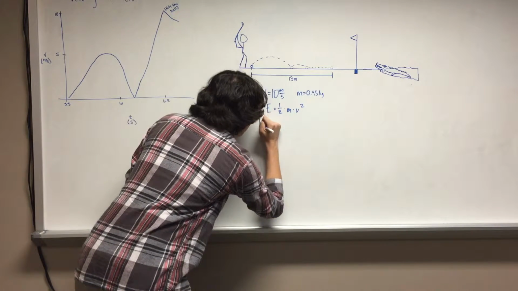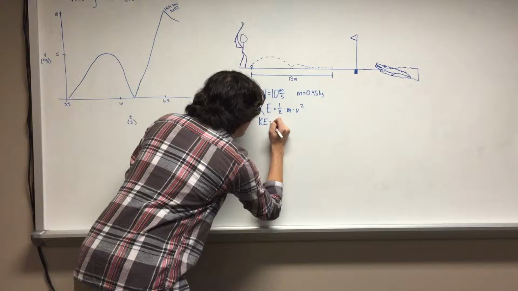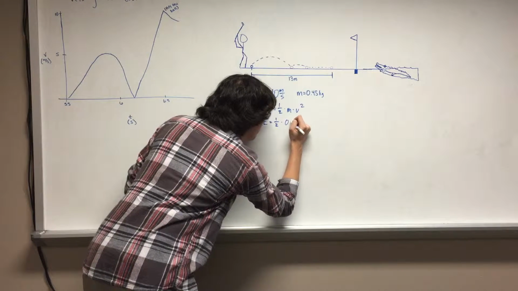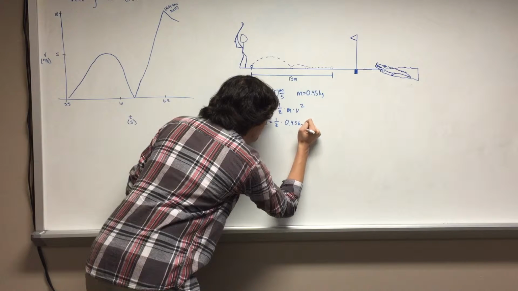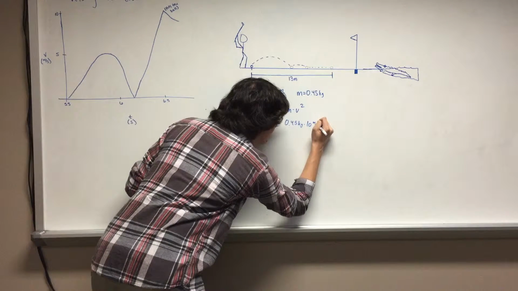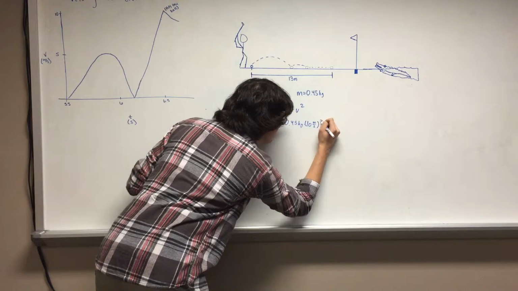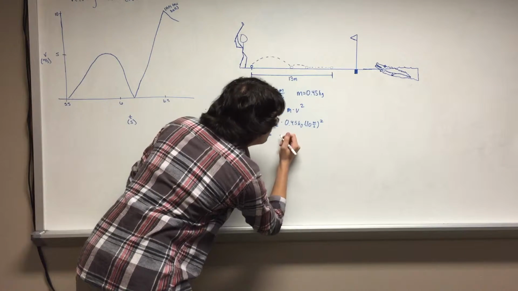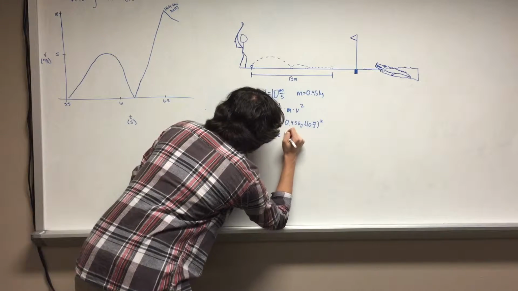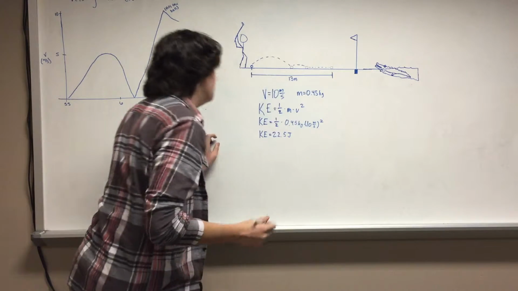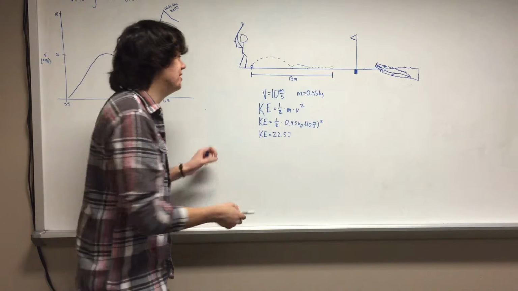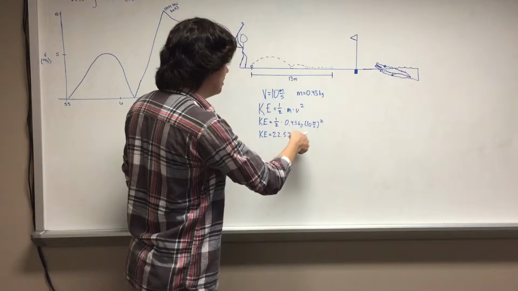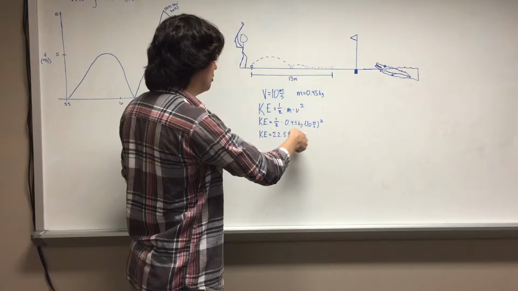Putting those in, kinetic energy equals 1/2 times 0.45 kilograms times 10 meters per second squared. That ends up being 22.5 joules. If we pay attention to units here, kilograms times meters per second squared is ultimately kilogram meters per second squared, which is joules.